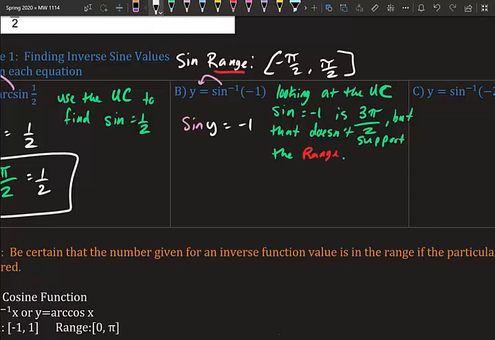So if you're looking at the unit circle, sine equals -1 is 3pi/2, but that doesn't support the range.